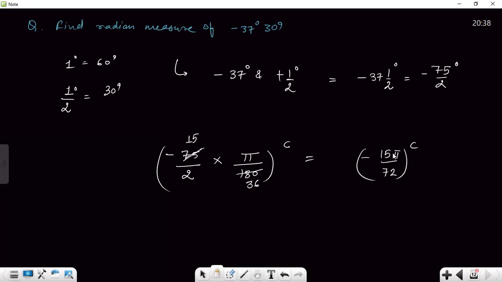Is there anything more? Yes, we can divide it by 3. 15 by 3 is 5, 72 by 3 is 24. So minus 5 pi by 24 radians is the answer. Is the solution clear?